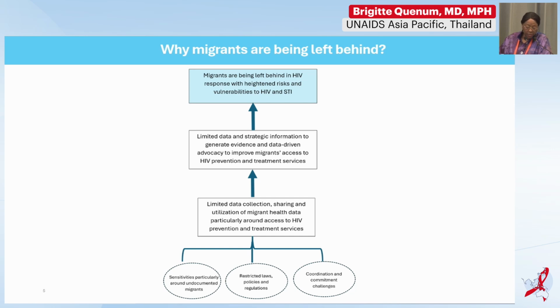This, in turn, has an impact on evidence-based policy and advocacy efforts to improve migrants' health outcomes. Without data, the voices of migrants aren't heard enough, issues of migrants are overlooked, and not enough actions and interventions are taken to address inequalities.